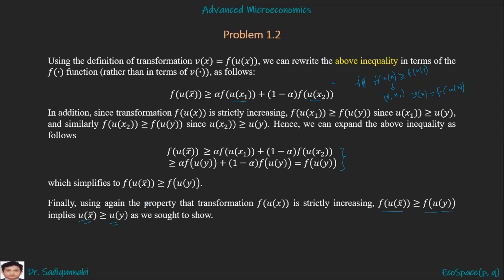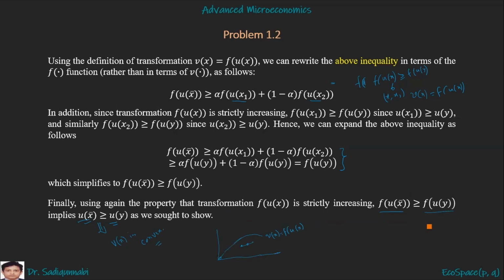I mean, utility from x bar is greater than or equal to utility from y, and this is what we are looking for. Our question was to show that the preference relation presented by Vx must be convex. So by using the convexity, if this is true, then Vx is convex.